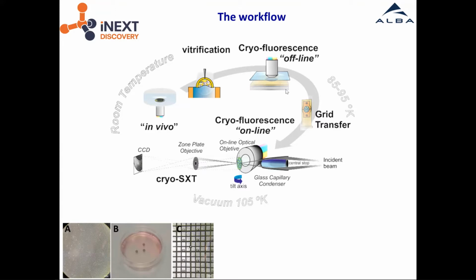We load the grid onto the grid holder and then into the microscope chamber, which is at UHV vacuum. So from vitrification, of course, to X-ray imaging, everything is done at cryo temperatures.